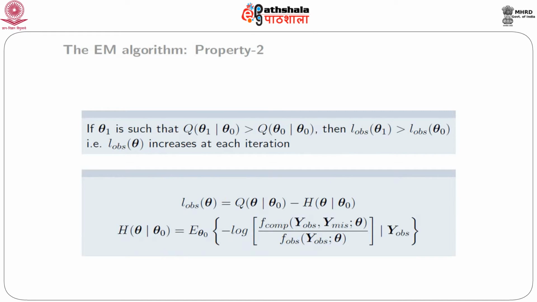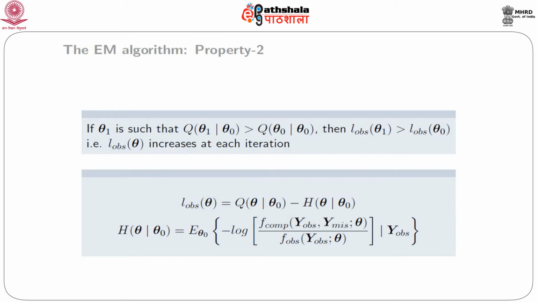Further, it is also possible to show that at each iteration, if theta 1 is such that Q(theta 1 given theta naught) is greater than Q(theta naught given theta naught), then the log likelihood of the observed data at theta 1 is greater than the log likelihood of the observed data at theta naught. That is, at each iteration the log likelihood is increasing.